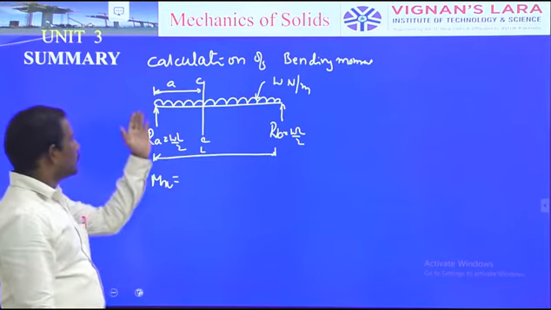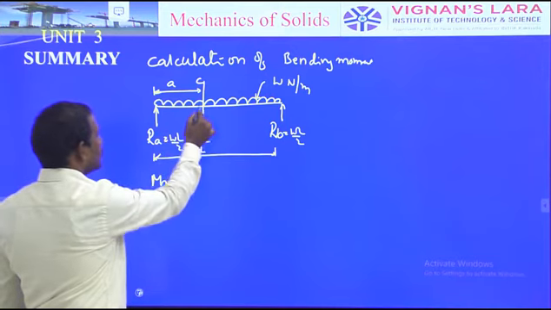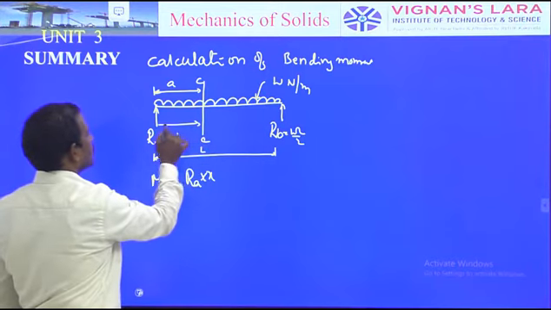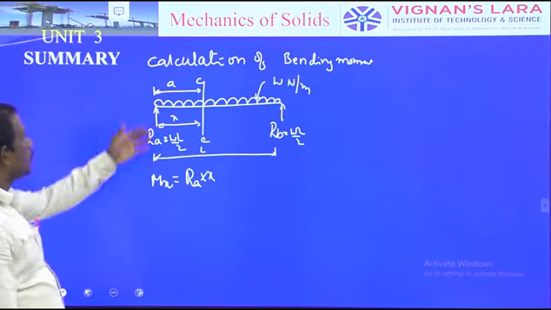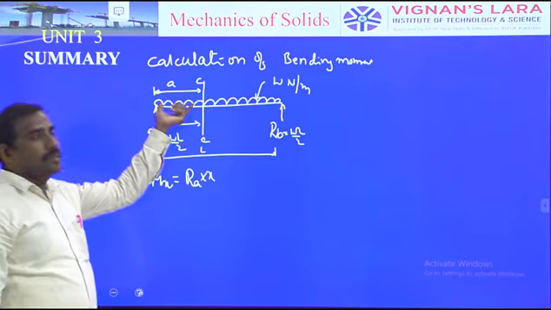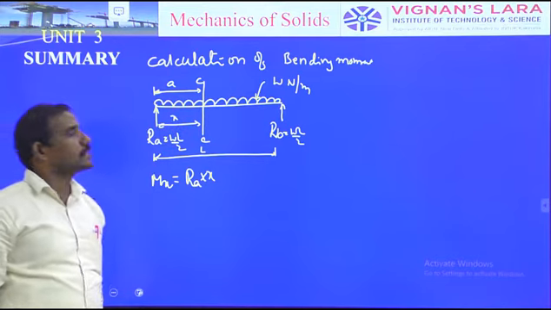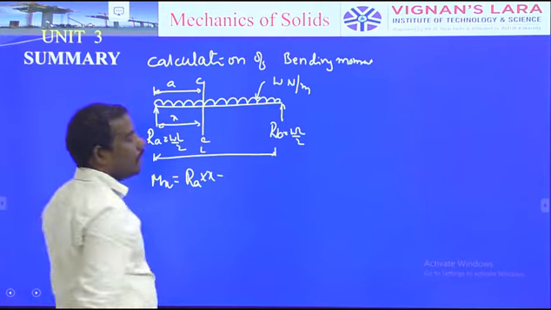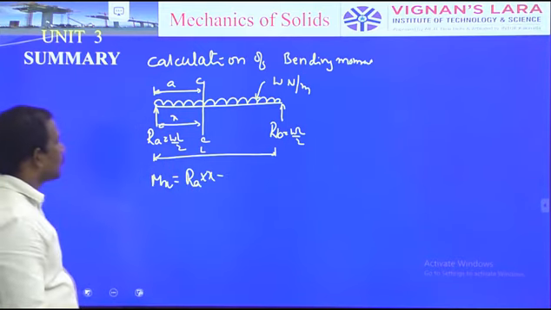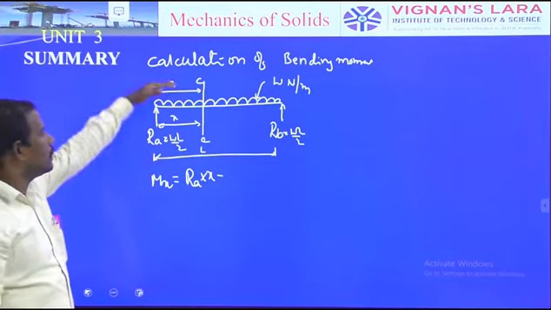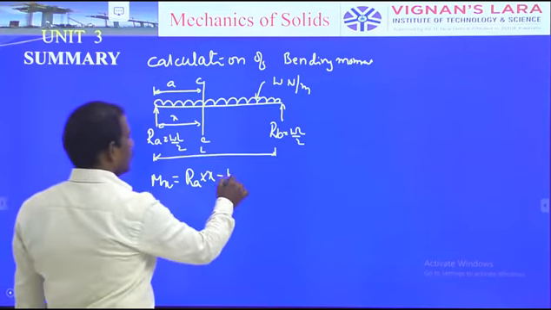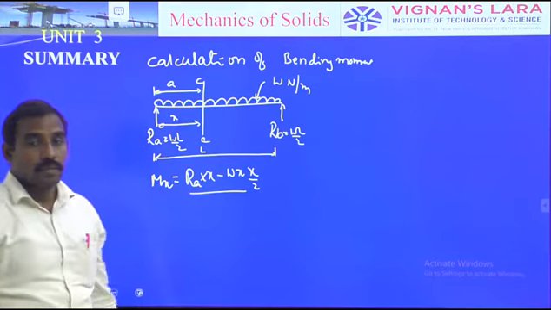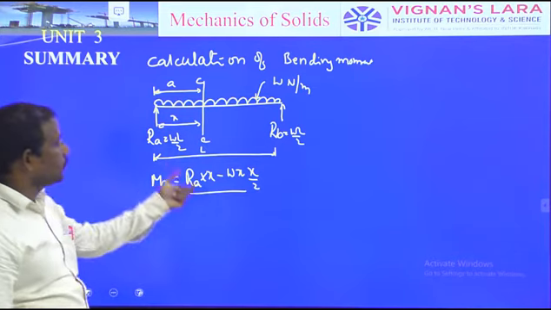For that, simply write down the bending moment at a particular section XX as RA into X. Then the moment produced by the uniformly distributed load over a distance X is Wx, and it produces a moment in the opposite direction to the moment produced by RA. So it would be Wx into X by 2. This is the equation to know the bending moment at any point.